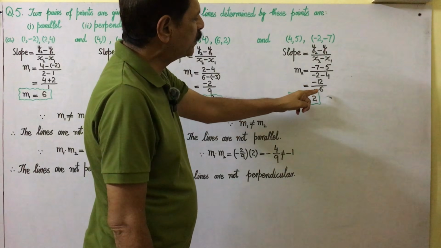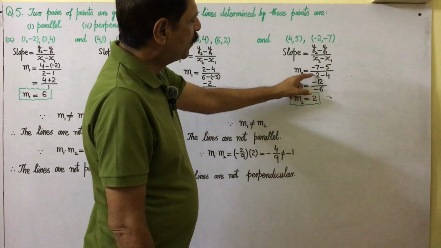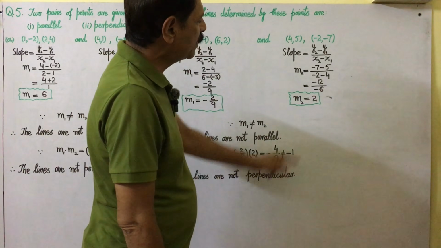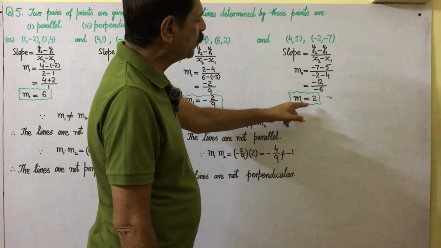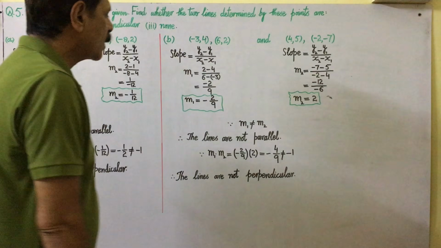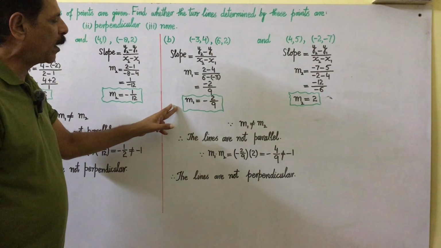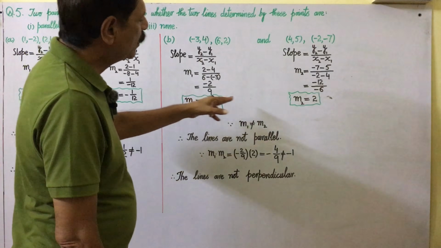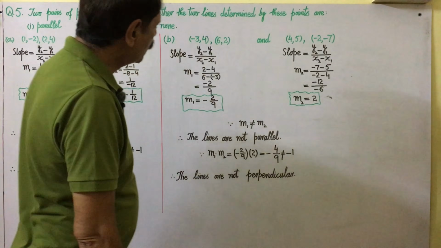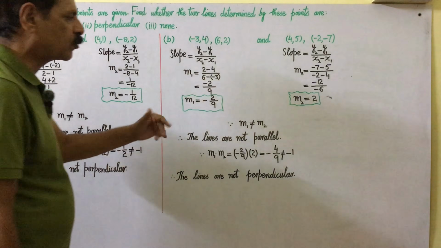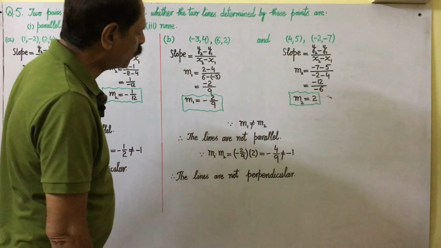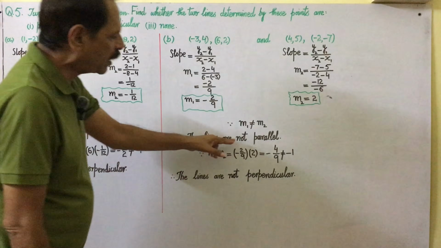Minus 2 minus 4 is minus 6. Minus cancelled with minus. 6 twos are 12. So m2 is equal to 2. You see, slope m1 minus 2 over 9, m2 2. So m1 is not equal to m2. Therefore, the lines are not parallel.